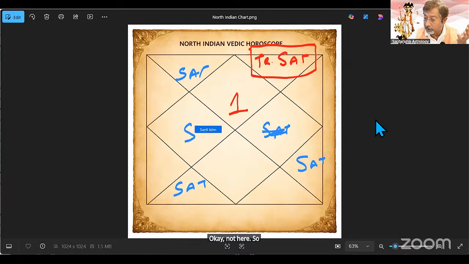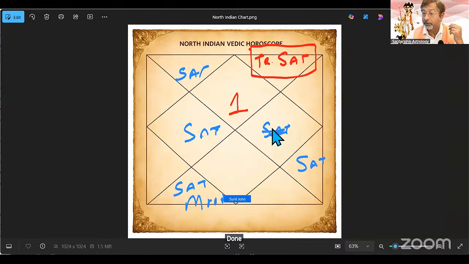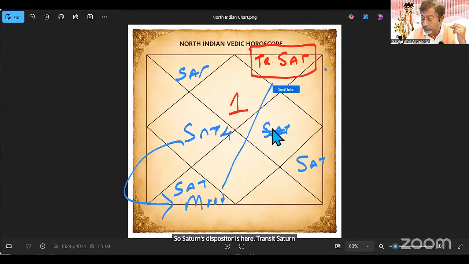So let's assume Saturn is here and Moon is here. Why? This is Cancer. So Saturn's dispositor is here. Transit Saturn is aspecting this.